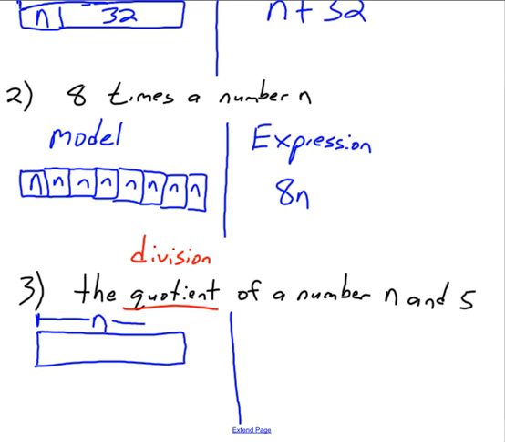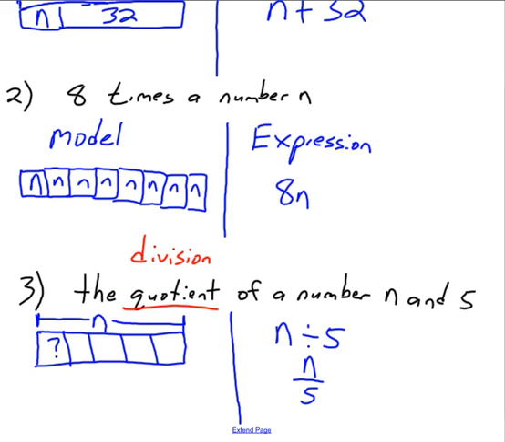And since we're dividing it by 5, we're just going to divide it into 5 equal parts. And each of those parts is n divided by 5, or n over 5. So you can show the quotient of a number n and 5 by drawing n divided by 5. But this year in algebra, we'll probably be showing it more as a fraction, because a division is just a fraction. So n divided by 5, we're going to show as n over 5.